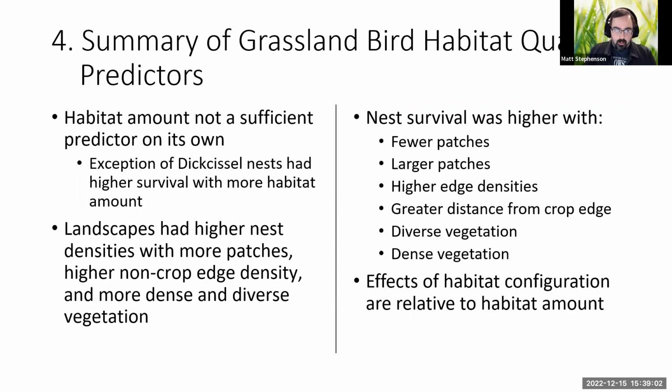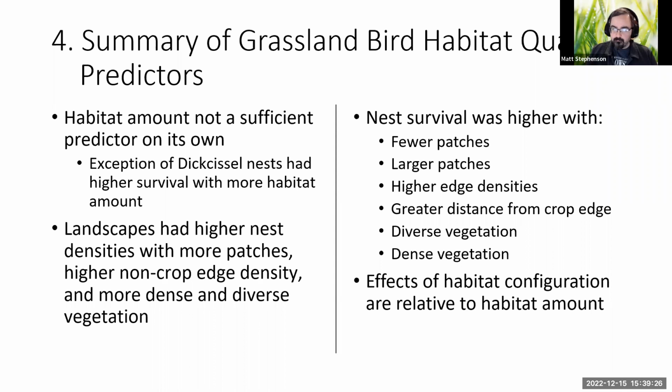In summary, we found that habitat amount by itself was not a sufficient predictor of nest survival or density, with the exception that dickcissel nests did have higher survival when there was more grassland nearby. Landscapes had higher nest densities when there were more patches, higher non-crop edge densities, and more dense and diverse vegetation nearby.